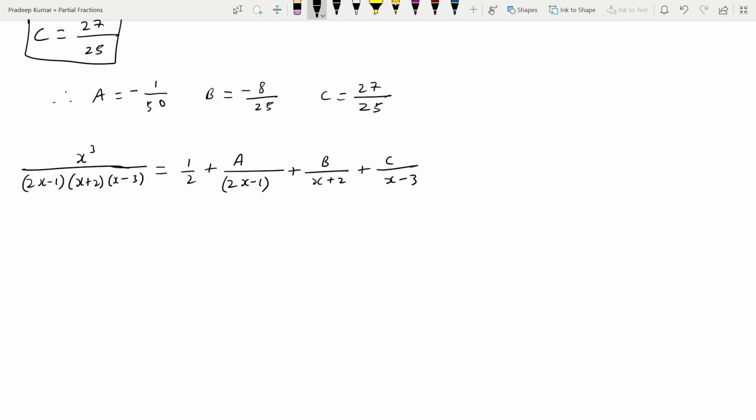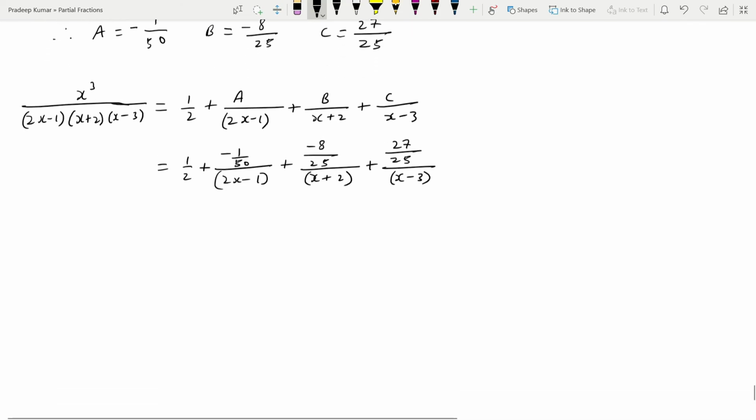Here we'll substitute the a, b, c values. 1 by 2 plus a, which is minus 1 by 50, whole by 2x minus 1, plus, in the place of b, minus 8 by 25 over x plus 2, plus, in the place of c, 27 by 25 over x minus 3.